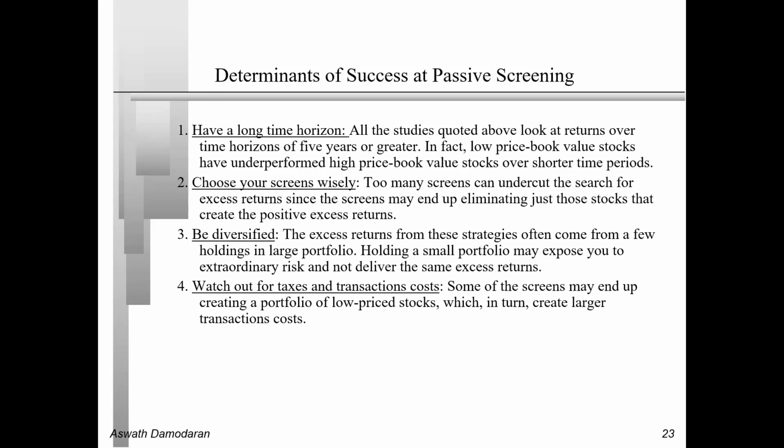For example, the crypto industry collapsed last year. And if you had all of your money in crypto, you could have lost all your money. So own stock from different industries.